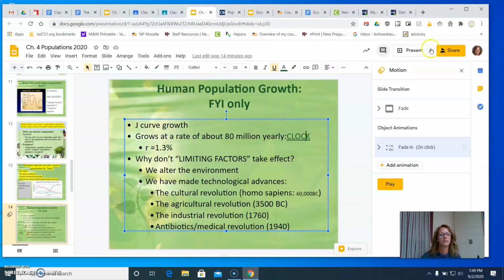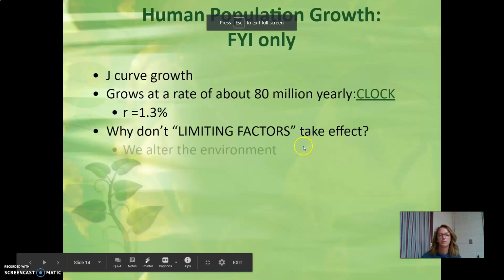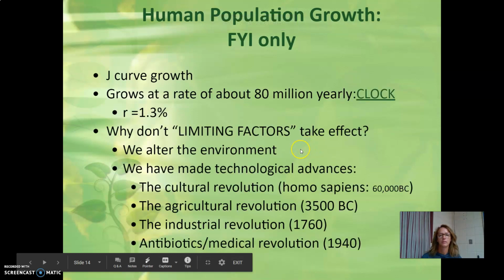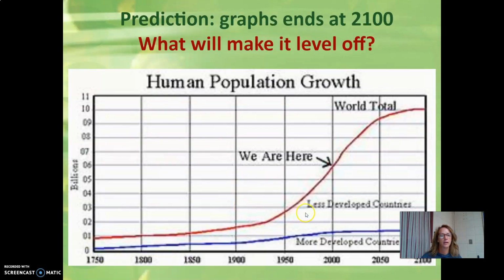All right, let's go back to this. Human population is just showing you this is a better graph. Once we got industry and healthcare, our population followed that exponential growth. We are still doing that. We're about right here. We are growing very quickly.